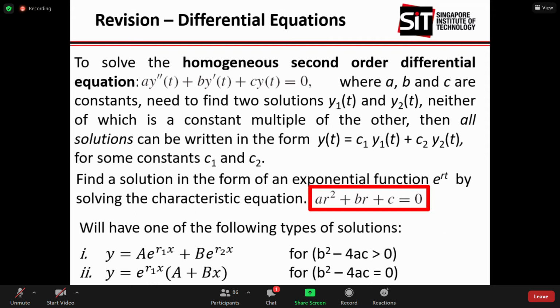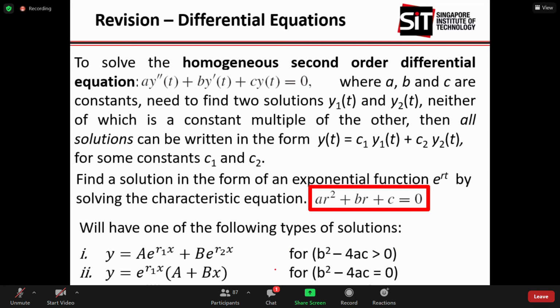To find the solution of this type of second order differential equation, we need to solve the characteristic equation given by the second order polynomial of the coefficients a, b, and c. Solving this second order polynomial will result in three possible solutions. A solution identified by having two different real roots, which is case 1.